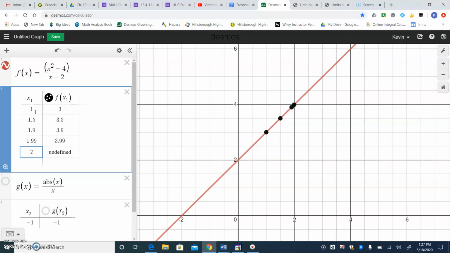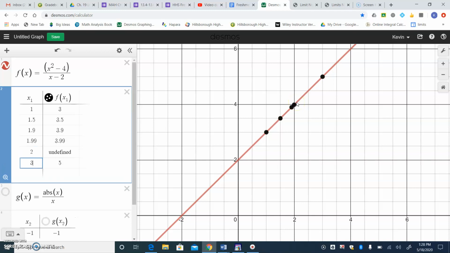So everything we see on the graph right now, all those black ordered pairs that are on the graph of f, those are all to the left of positive 2. Okay, so if I'm looking at what's going on at 2, all of these are smaller values. So it would help if we plug in a couple values a little bit larger than the x coordinate we're looking at and seeing what happens as we get closer to the x coordinate from the right side.